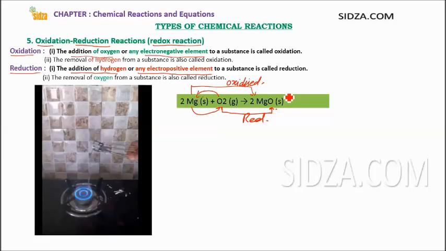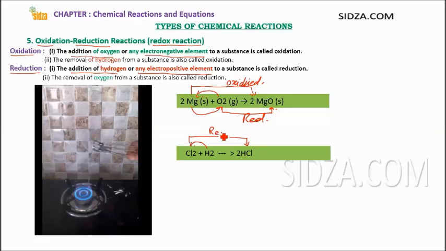Let's take another example. Here you see hydrogen adds to the chlorine, so we can say chlorine is being reduced, because reduction is the addition of hydrogen. So when hydrogen adds, that is reduction.